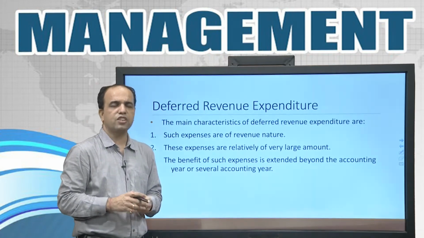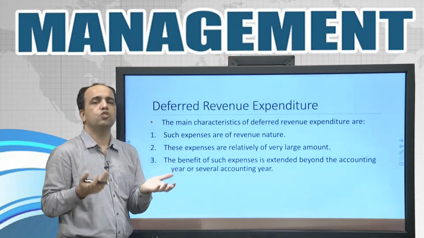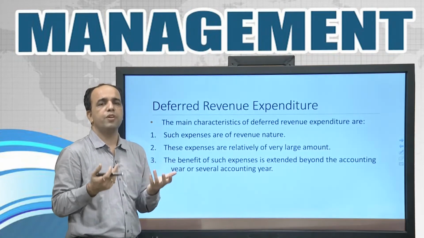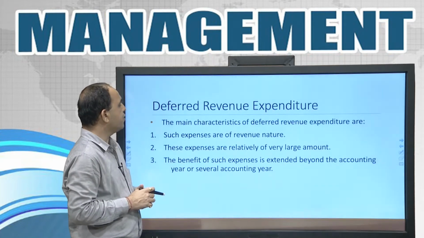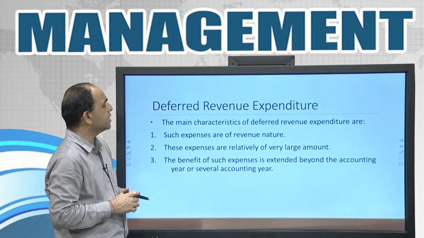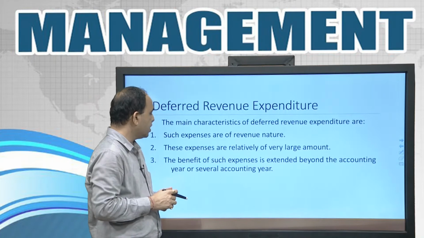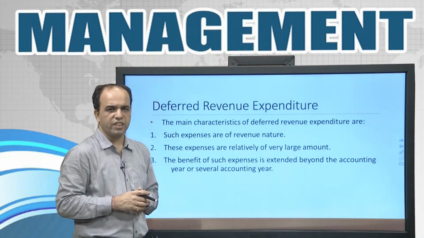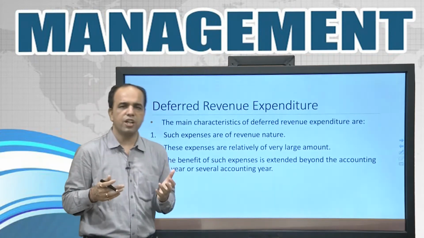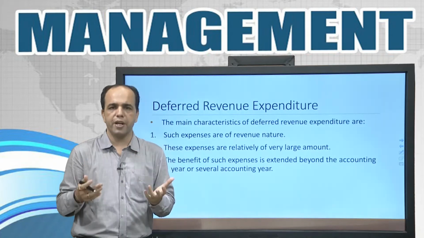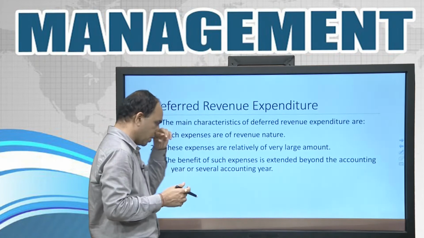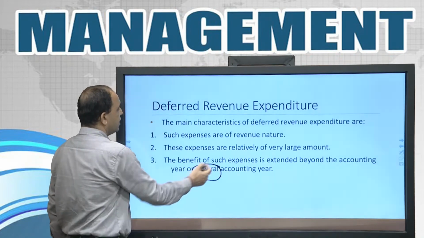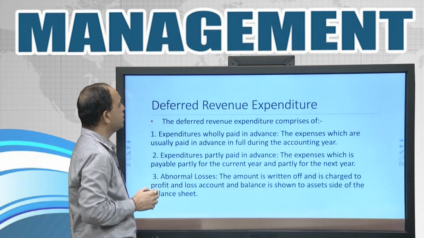As I said, suppose discount on issue of shares, discount on issue of debentures, it is quite a big amount. The benefit of such expenses is extended beyond the accounting year, to several accounting years. So if discounts are given, if advertisement expenses are paid for more than 1 year, we know that we will get benefit for more than 1 accounting year, several accounting years. So these are the salient features.